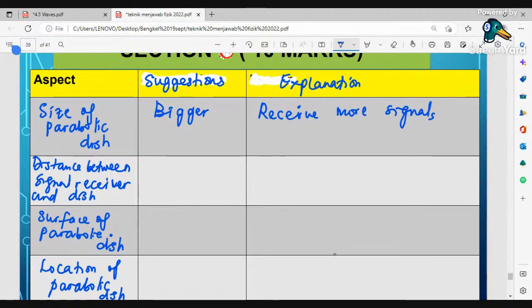Distance between signal receiver and dish: the receiver should be at the focal point of the dish.